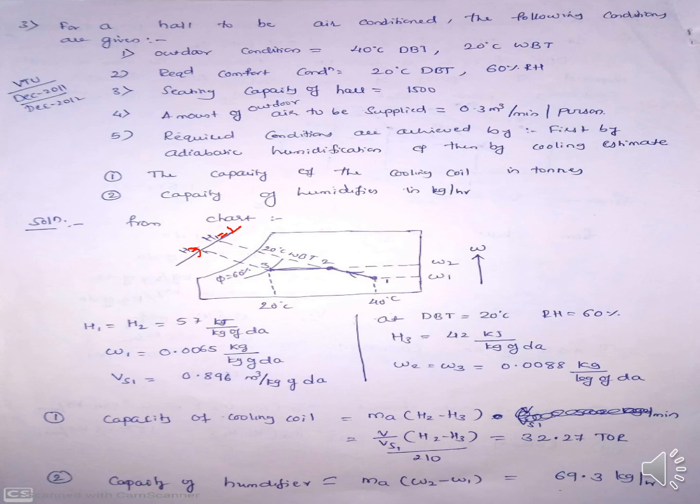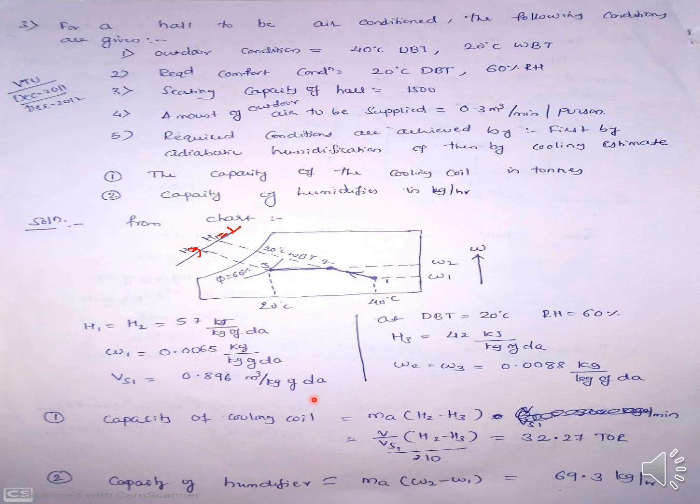Next, note down H1, which is equal to H2, from this point, as I said already. For W1, draw the straight line here, and W2 is equal to W3, because both are on similar lines. So note down H3 and VS1. All the things are known now.